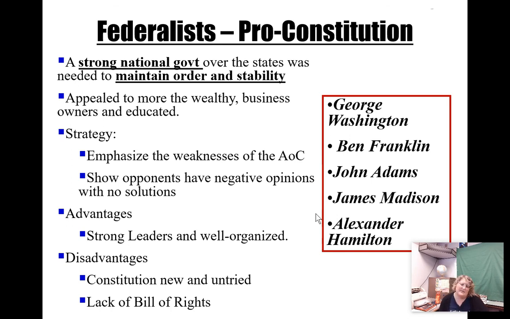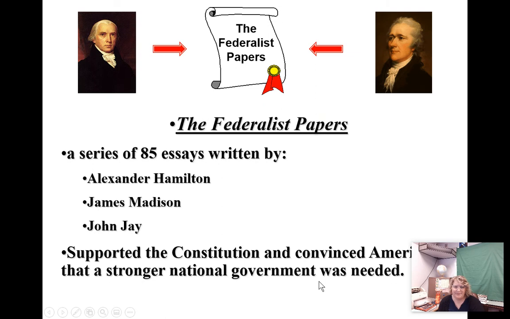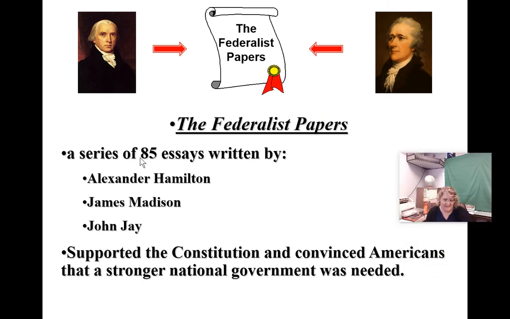But these 3 men were convincing the public that the Constitution is the way to go. And so when we wonder now today, almost 250 years later, what the meaning of the Constitution was in the minds of these framers, the best place for us to look is the Federalist Papers. This is where it is explained to us what they were thinking, what they intended. Oh, here we go. Forgot this was here. 85 essays.